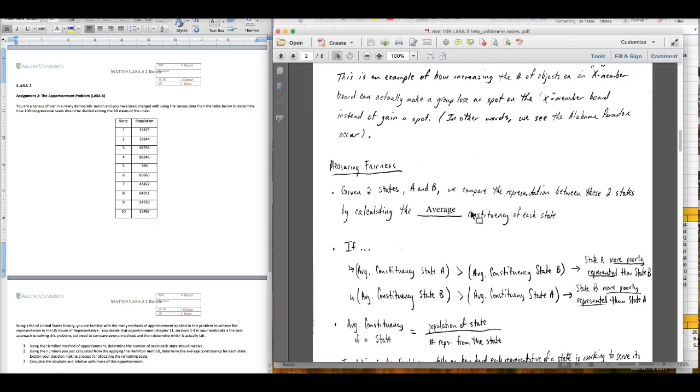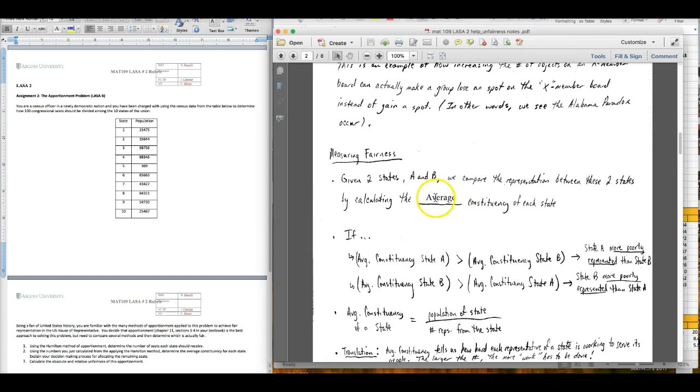When we measure that, one way that we do it is we say that if the average constituency of state A is larger than the average constituency of state B, then that means state A is more poorly represented than state B. Or put another way, the person in state A is working harder than the person in state B. Now, like I've said before, average constituency is the population of a certain state divided by the number of representatives for that state. And here again, it just tells us how hard they're working.